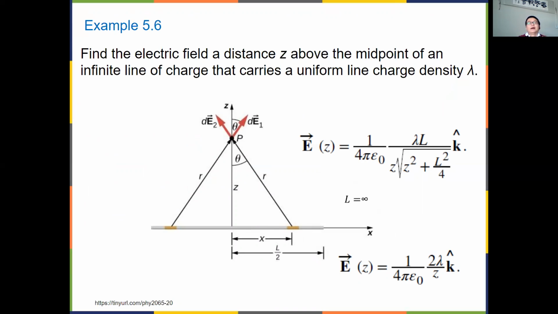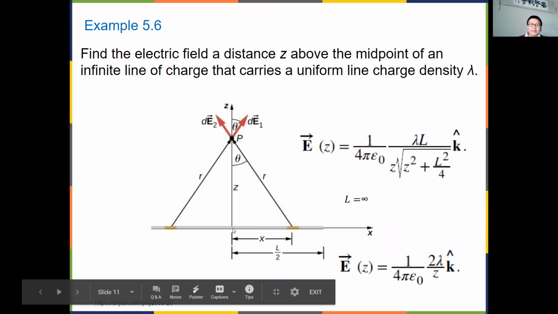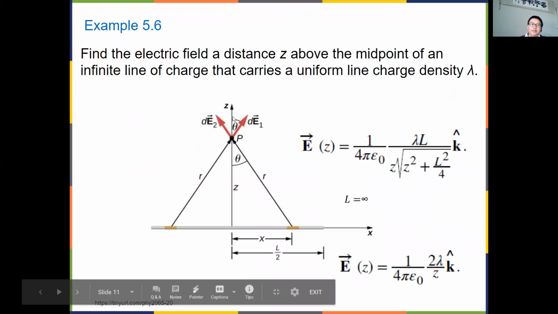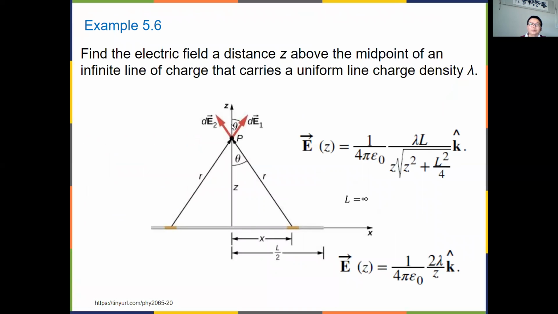This time, the origin of the x is at the middle of this line here. So the electric field over here, basically the equation you derived from the previous slide, will be applied here. So this is the x direction, and this was the y direction in the previous case, but you can simply change the notation from y to z.